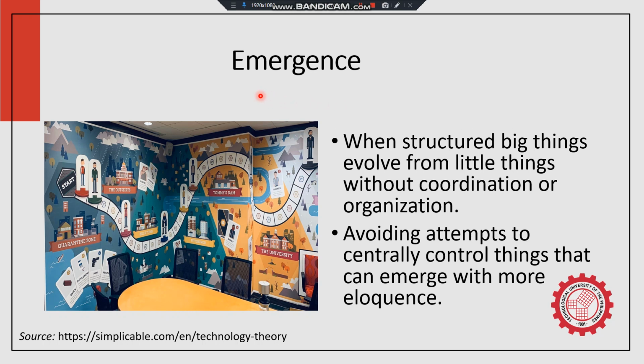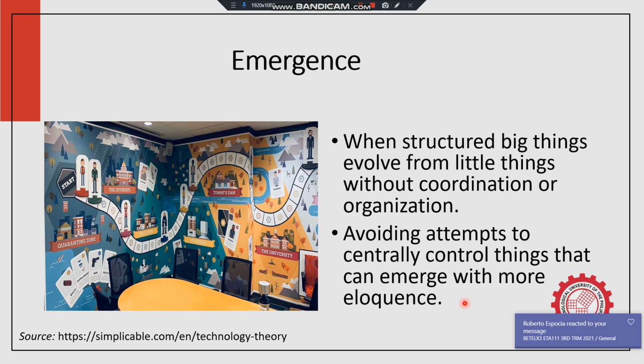Next in the principle or trends is emergence. When structured big things evolve from little things without coordination or organization, that is what we call emergence. Avoiding attempts to centrally control things that can emerge with more eloquence.